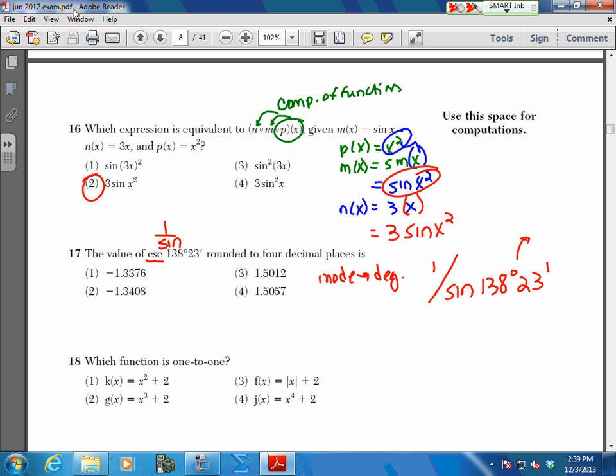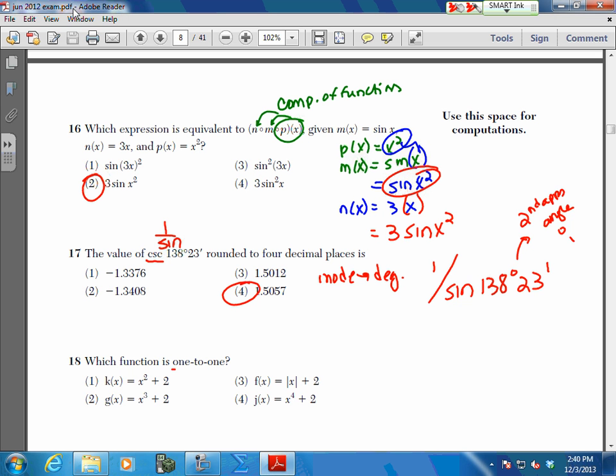You're going to find this in second apps, where it says angle. The first one is a degree sign. So you're going to put your 138 degree sign, 23, drop down, there's a minute sign. And to 4 places, you should come out with this one.